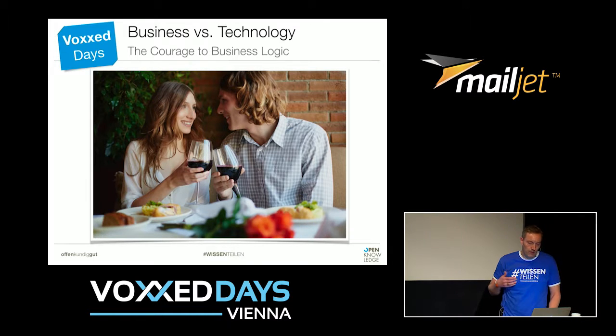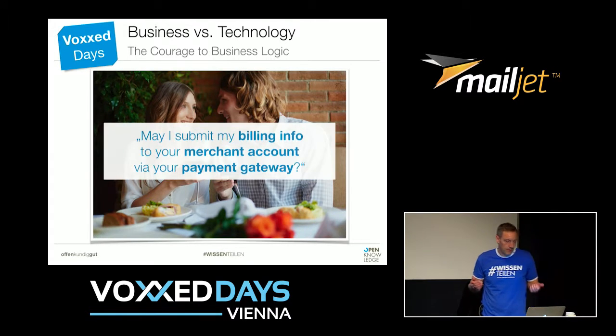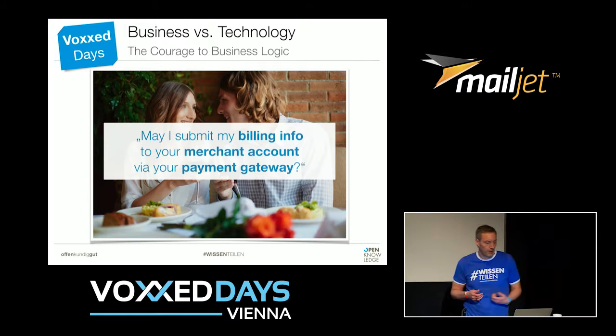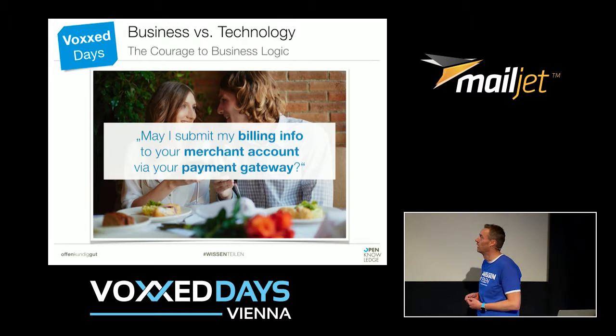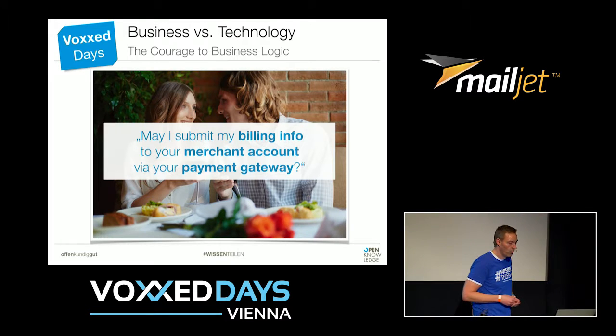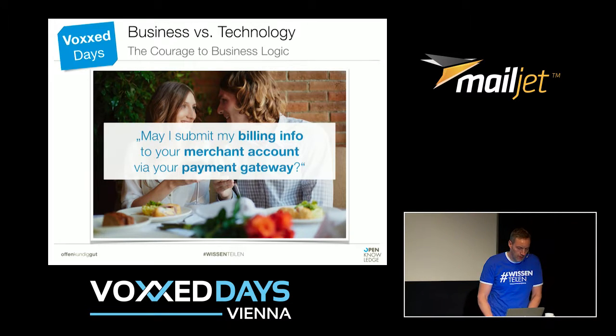But what will a typical programmer do at this moment? He will say something like, "May I submit my billing info to your merchant account via your payment gateway?" And the question is, why do we think in this way and not in natural language? And why are we so complicated?